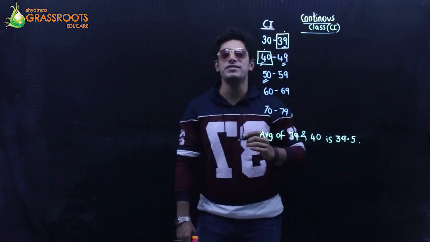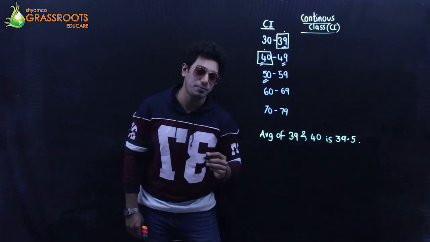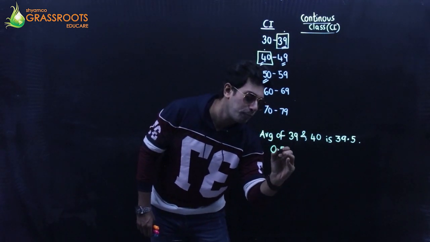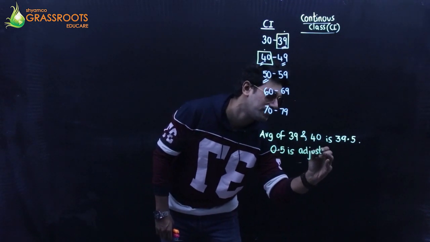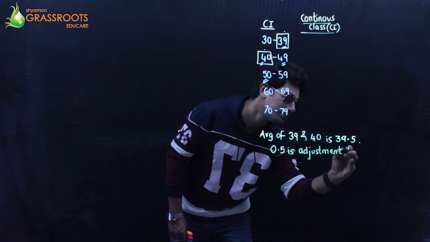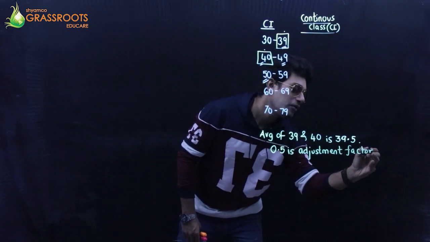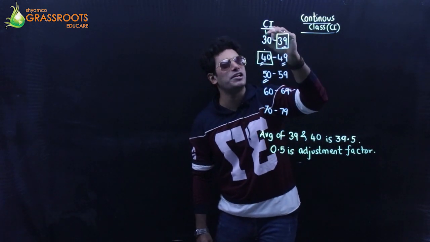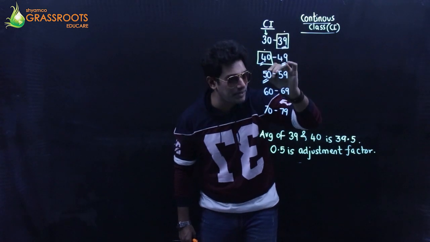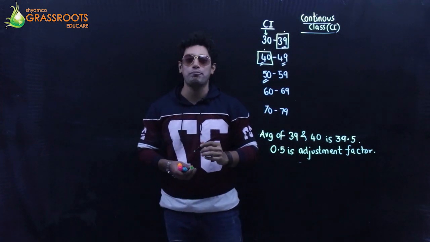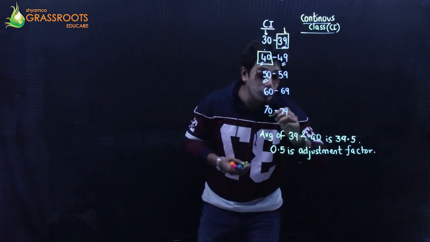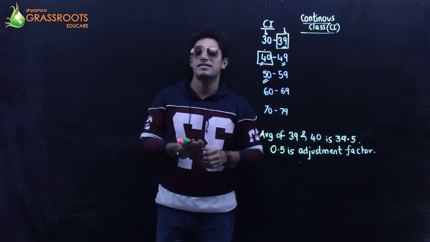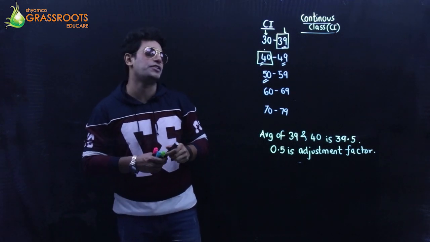This is called the adjustment factor. 0.5 is the adjustment factor. From all the lower limits I subtract 0.5, and to all the upper limits I add 0.5. That's how I make my class continuous.